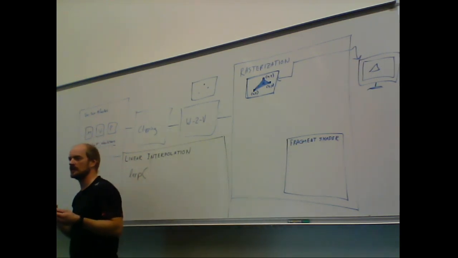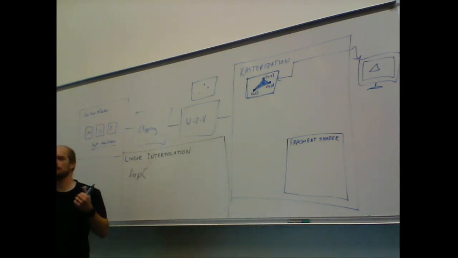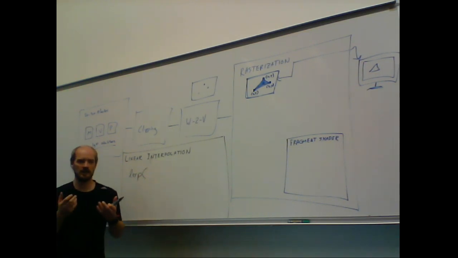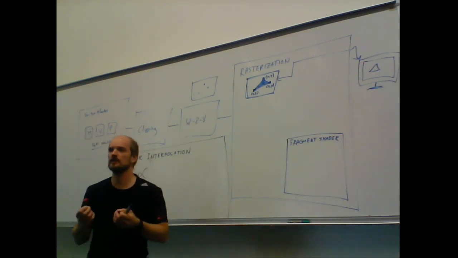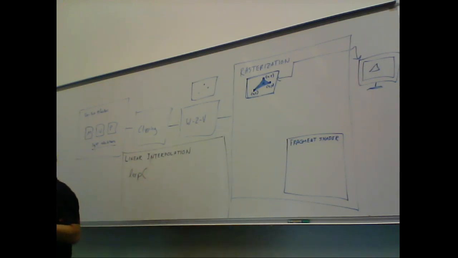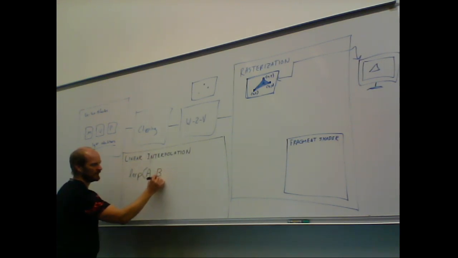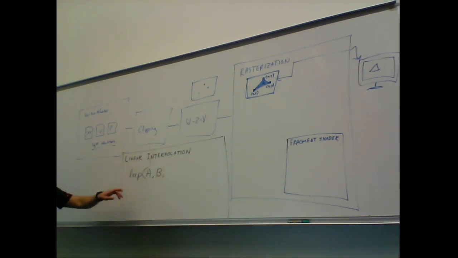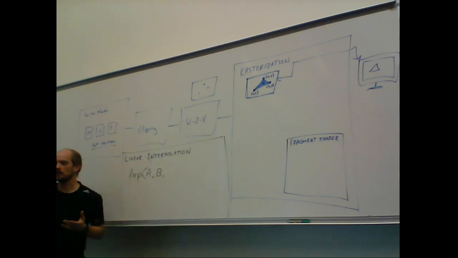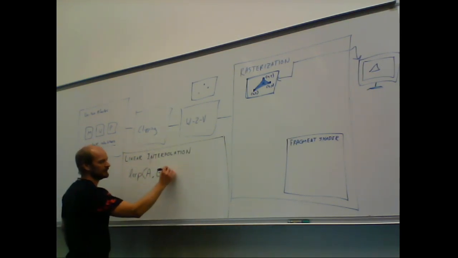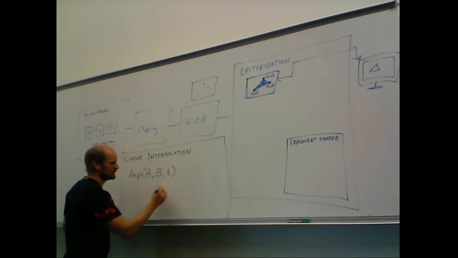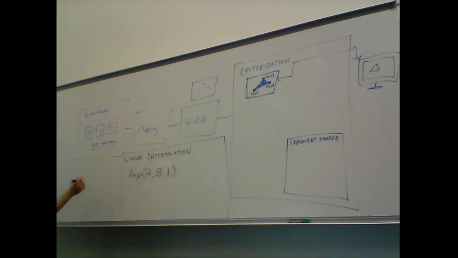A linear interpolation can be between anything. It can be between two vectors, two floating point values, two integers or whatever. But I'm going to say I have a value A, I have a value B, and then I have a ratio or a parameter T. We can look at this like a linear function.